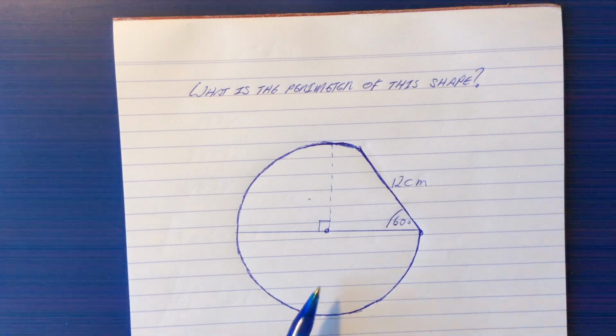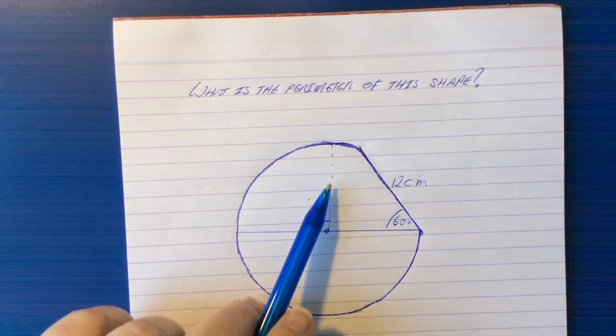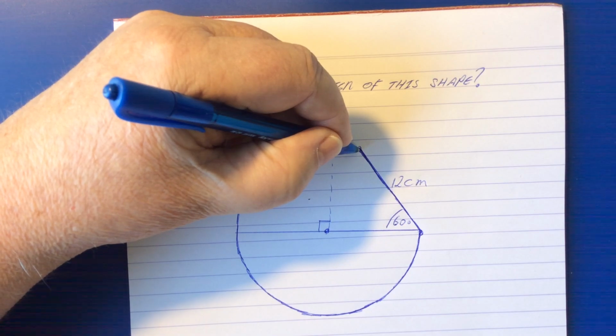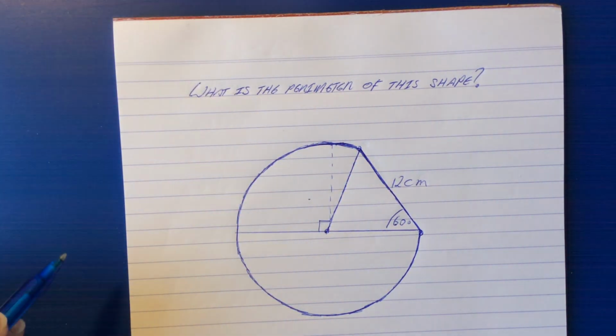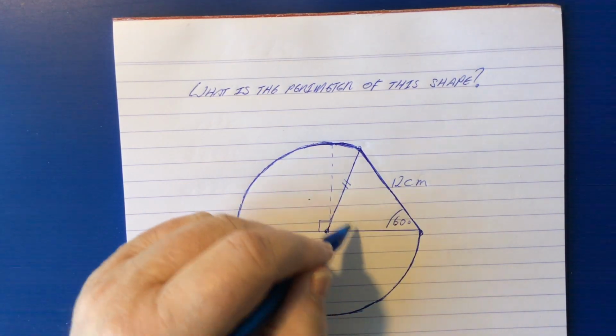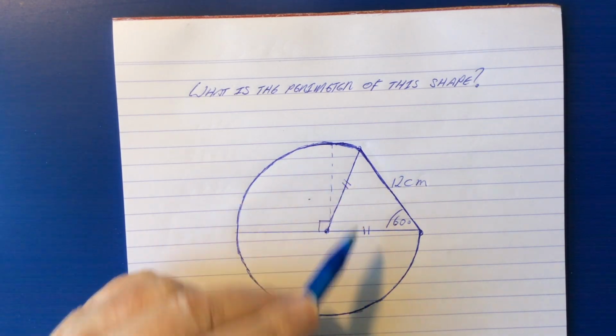Well, we know that this is a radius, and we know that this is a radius. So if we were to draw a third radius in, what we would know is that this, this and this are all of equal length.